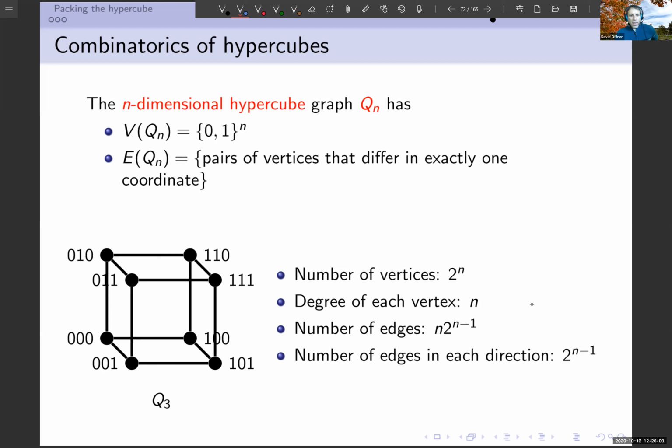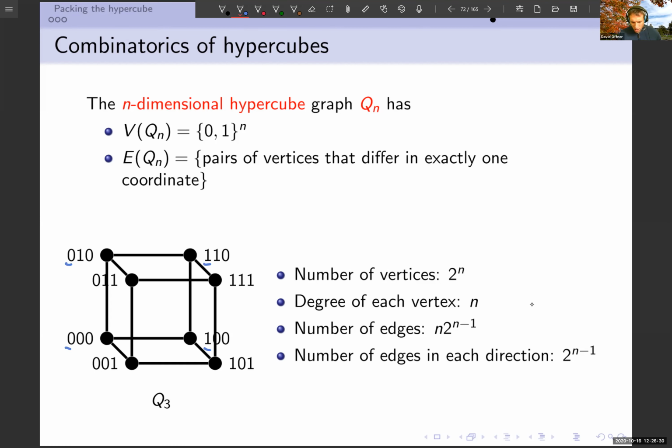Those directions correspond to the bit that is flipped between the two vertices. The horizontal ones flip the first bit, the vertical ones flip the second bit, and the ones coming in and out of the board flip the third bit.